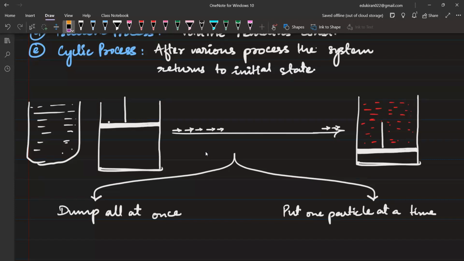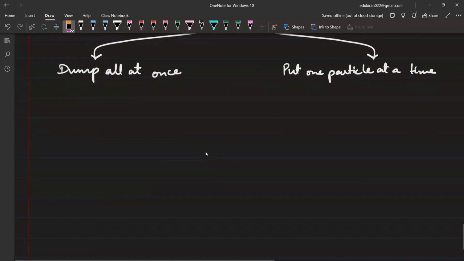Once everything has dumped and the process is complete, then you can take another process and re-dump it on the sandbag. But when you are dumping all at once, it is an irreversible process. You cannot stop the process in between, or rather, you cannot reverse the process in between. So, what we will say, it is an irreversible process. What do we call such a process? Irreversible.